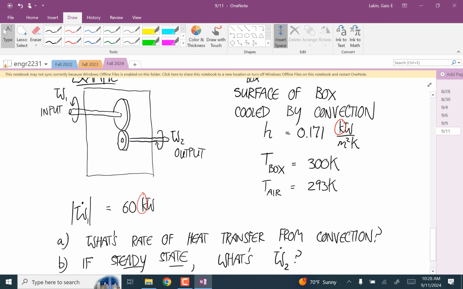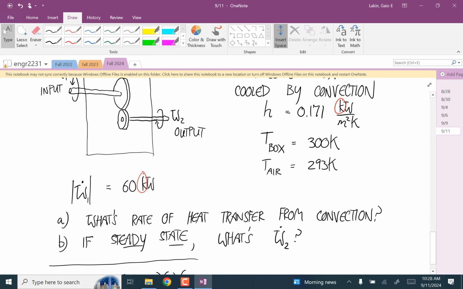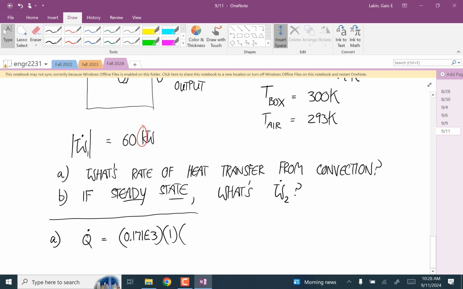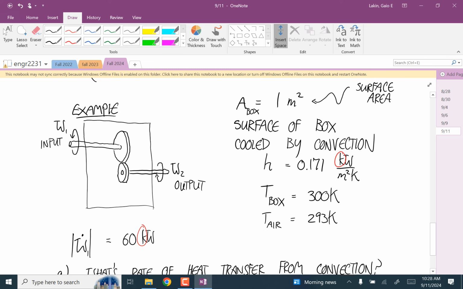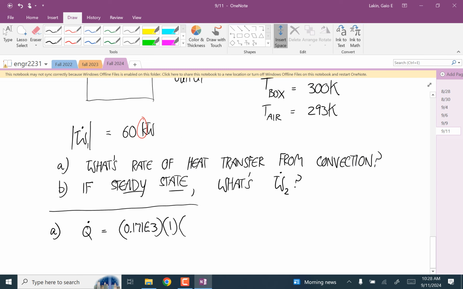And then since we're going to think about the direction of these, it doesn't really matter what order we think about. We're not worried about the signs yet. So let's say, okay, I'm going to do this as 300 minus 293. We don't care about the sign yet.